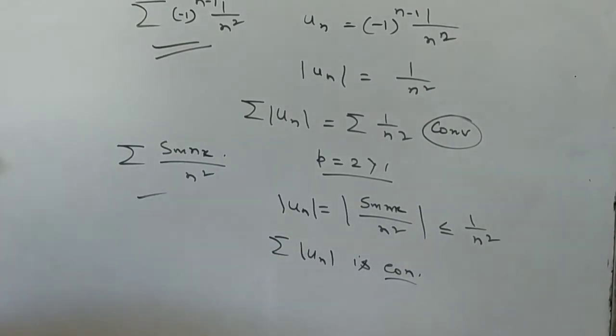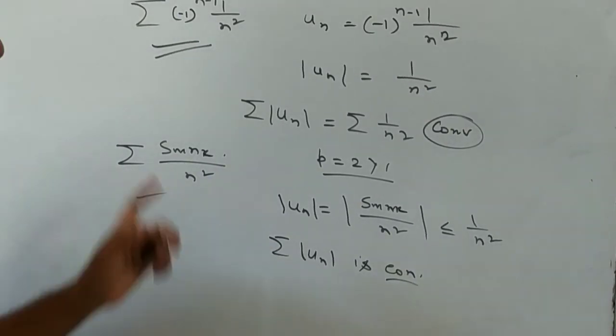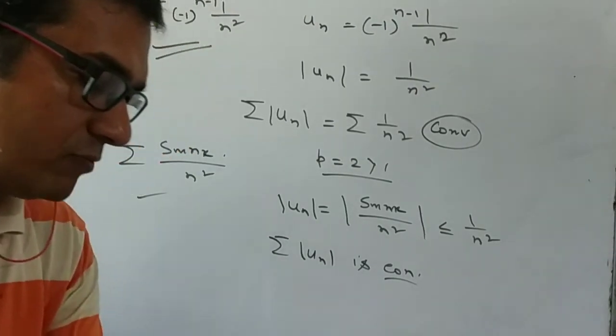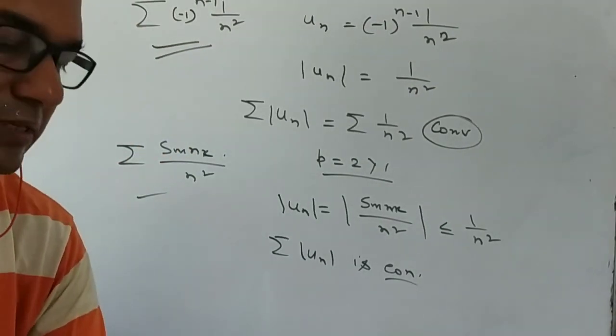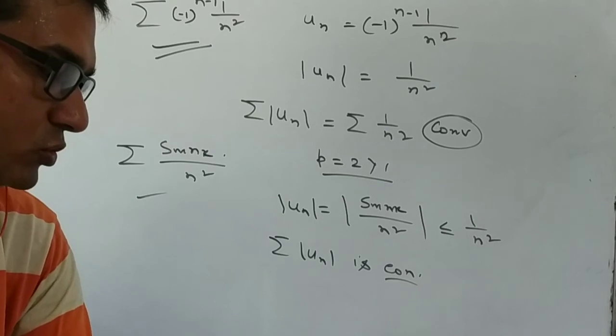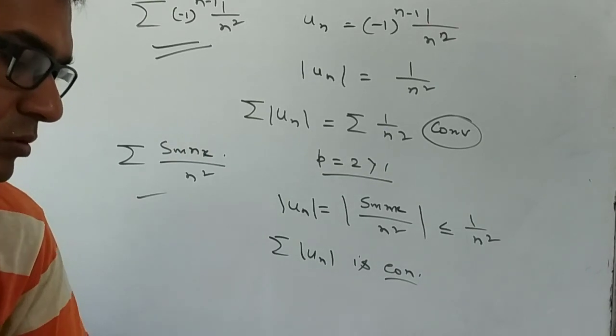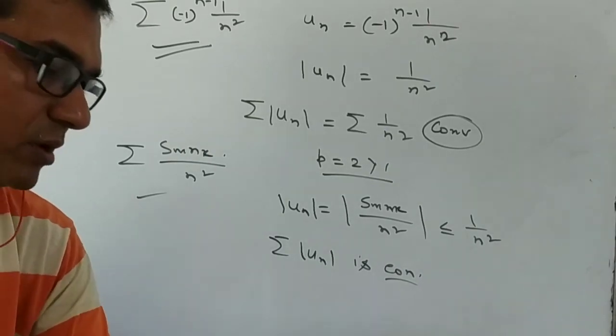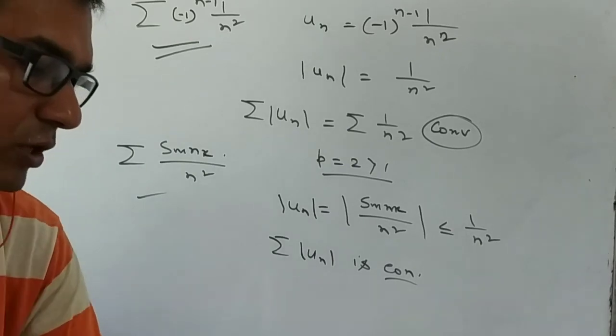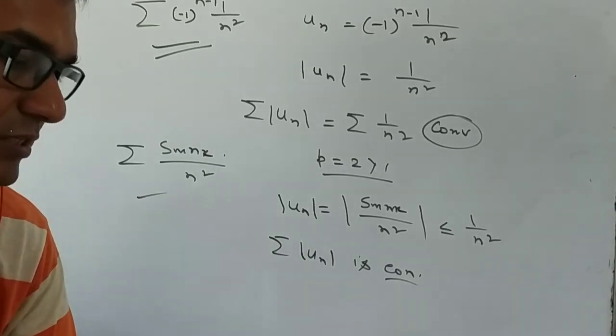So this series must be convergent. Okay, these are two important examples of absolutely convergent series. Now we go to the important example of conditionally convergent series.